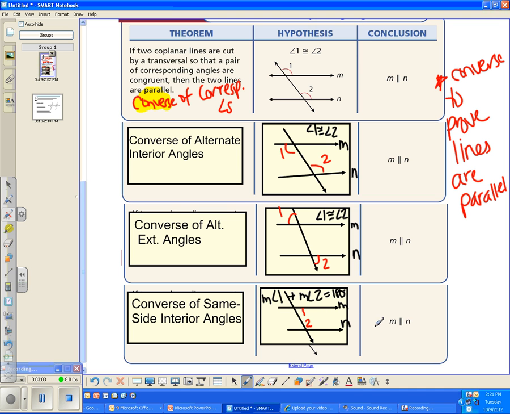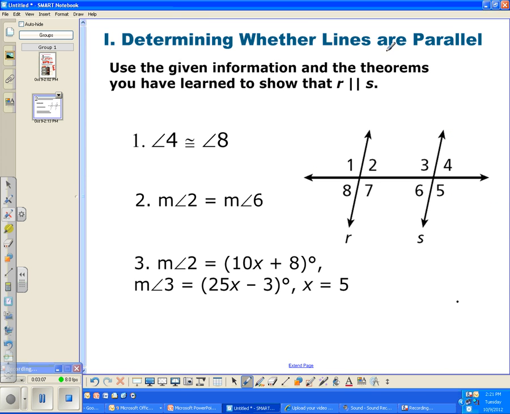Okay, so the first part we're going to do is determine whether the lines are parallel. So use the given information and theorems you have learned to show that line R is parallel to line S, so that this line is parallel to this. Again, it looks like it in the picture, but I didn't write those arrows. So right now, you're not sure if they are parallel or not.